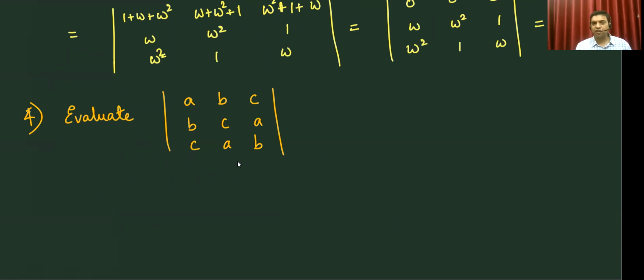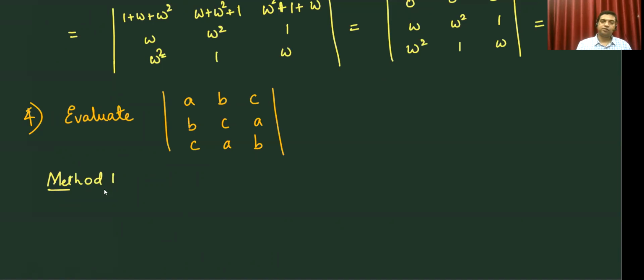Okay, that is a valid method. Sometimes instead of doing the operations, evaluating the determinant directly will be useful. In some cases, you may have to use the properties. So let us do this both ways. Okay, I will do method 1, direct.